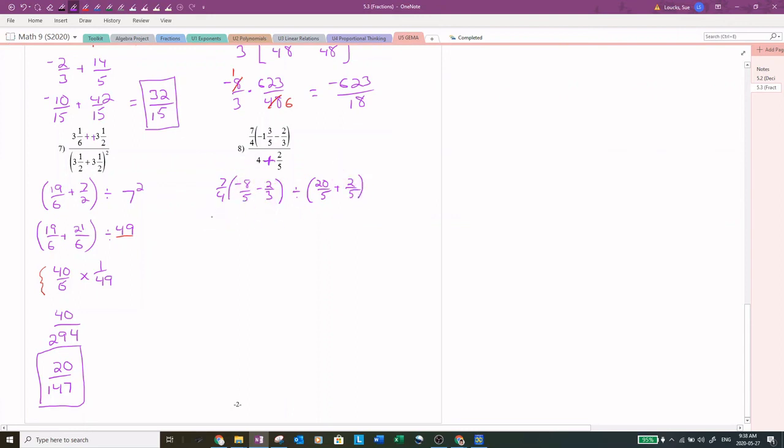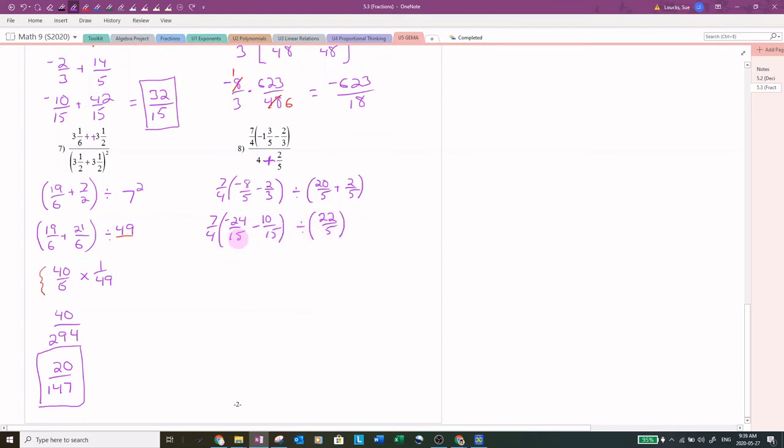And on the left side here, I need a common denominator, 7 over 4 times, this is going to be over 15. Boy, we're sure having a lot of over 15s this time, aren't we? 5 times 3, 8 times 3 is 24. 3 times 5, so this is negative 10, divided by, and this is 22 over 5.